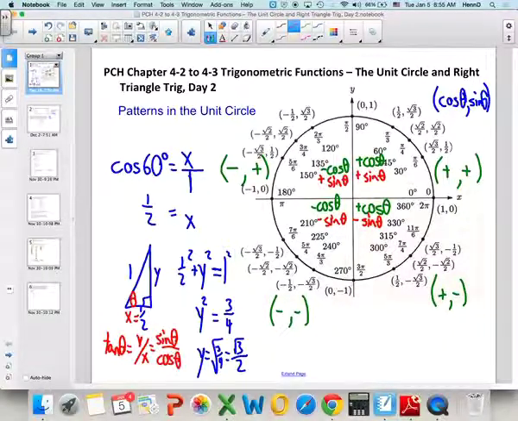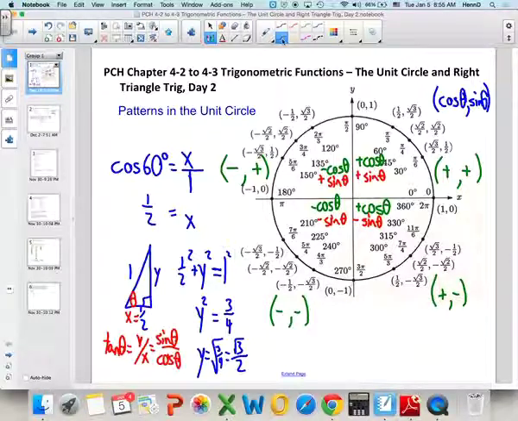This is one of the identities that we're going to use a lot. And that is that the tangent of any angle is sine over cosine. So not only does our unit circle give us the sine and cosine, it also allows us really quickly to figure out what the tangent is. Now, let's think about the signs of these.